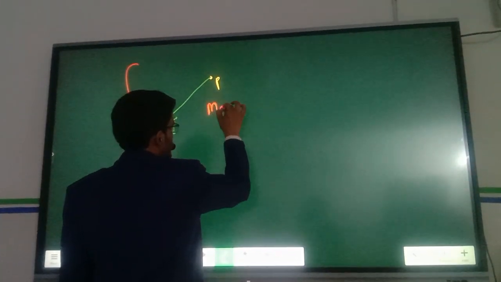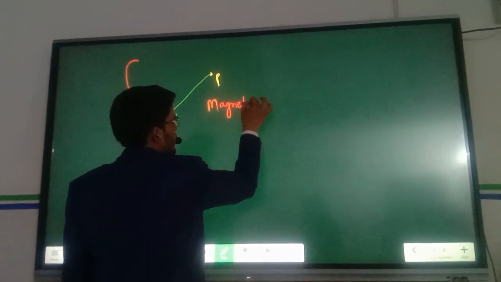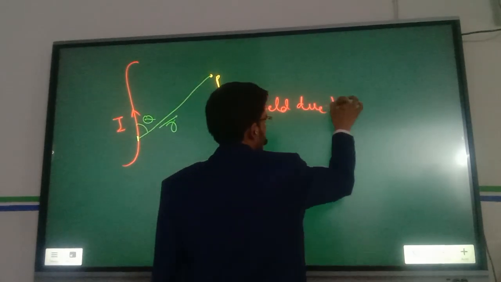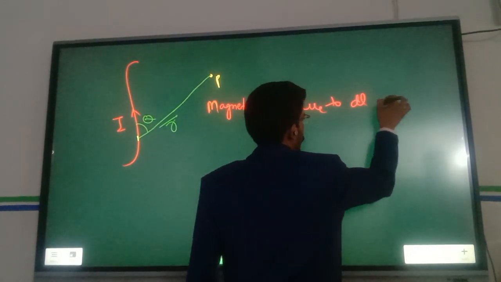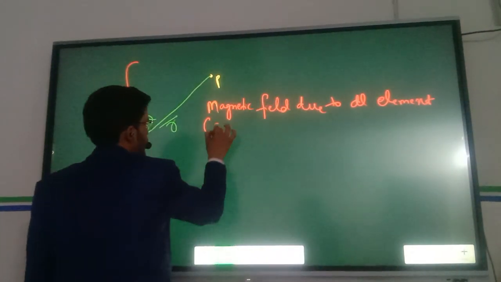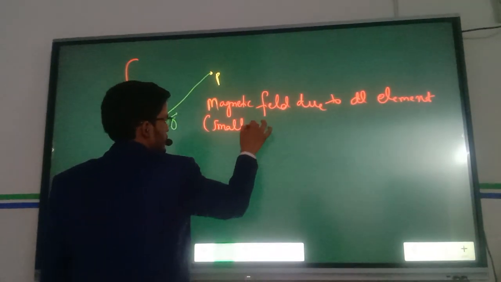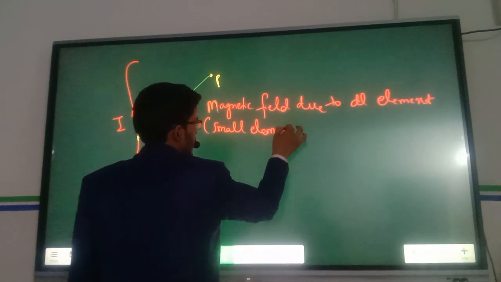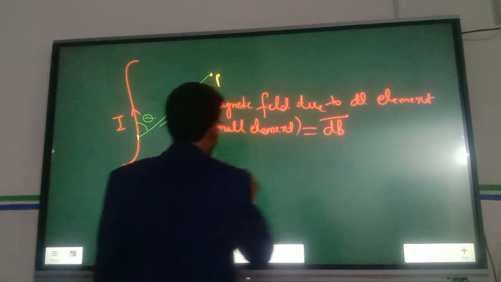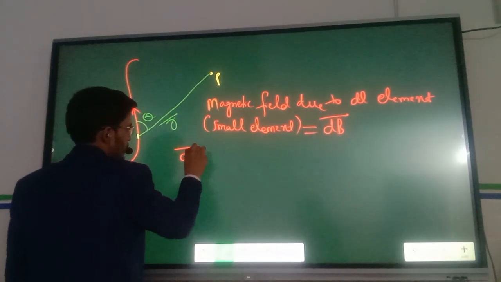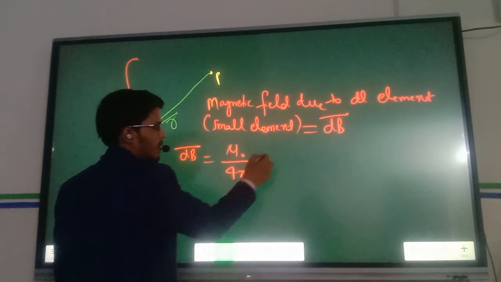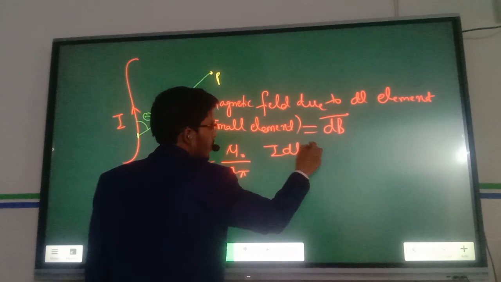Magnetic field due to the dl element, actually a small element, equals dB, and dB equals mu naught upon 4 pi, I dl cross r vector upon r cube.